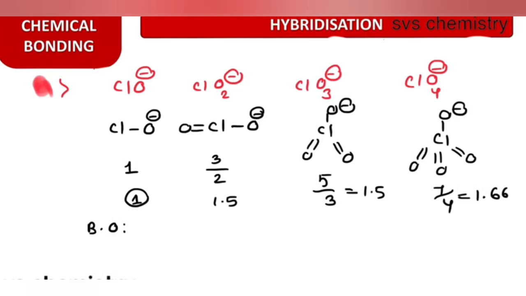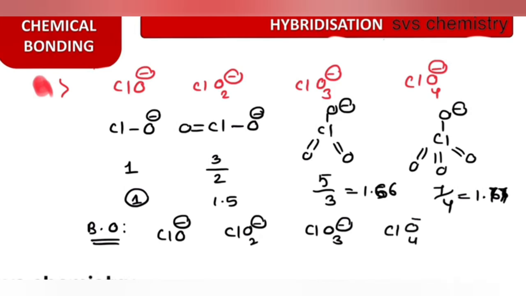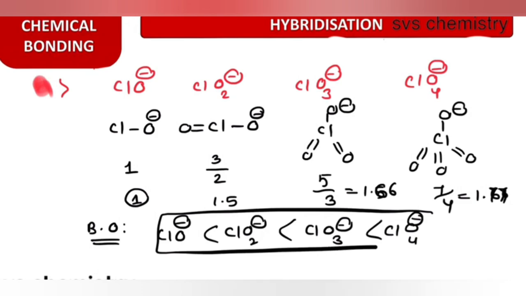So the bond orders are: in the first case 1, then 1.5, then approximately 1.66, and then approximately 1.75. Bond order is highest in the case of ClO4 minus, whereas bond length is inversely proportional.